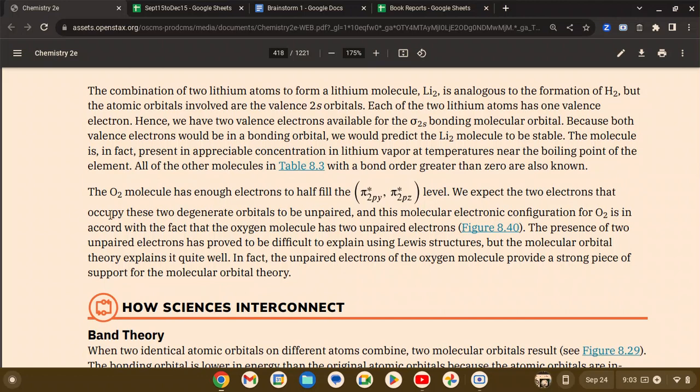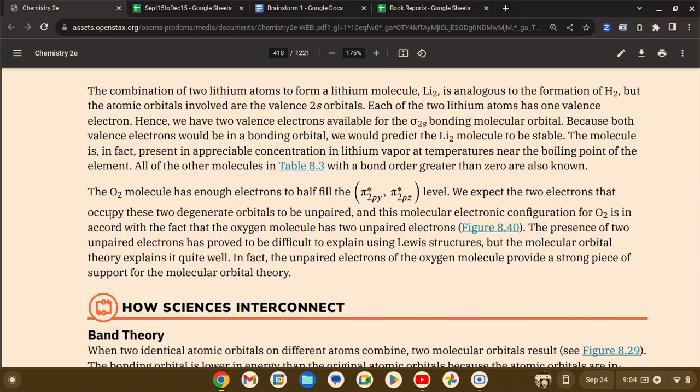Because both valence electrons would be in a bonding orbital, we would predict the lithium 2 molecule to be stable. The molecule is, in fact, present in appreciable concentration in lithium vapor at temperatures near the boiling point of the element. All the other molecules in table 8.3 with a bond order greater than 0 are also known.